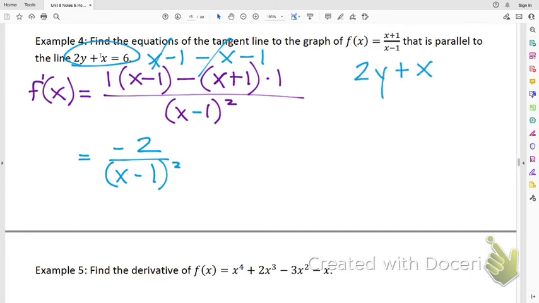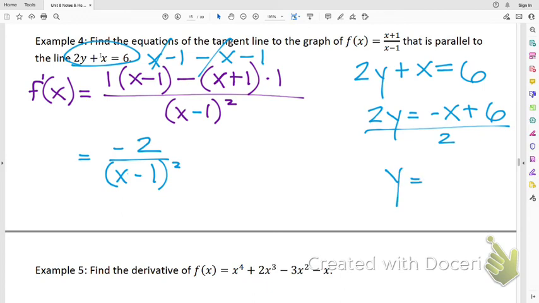Solve for y. All right. So if I subtract x and do what? Divide by 2. I have this. What part of that do I care about? The slope. What's the slope? Negative 1/2.